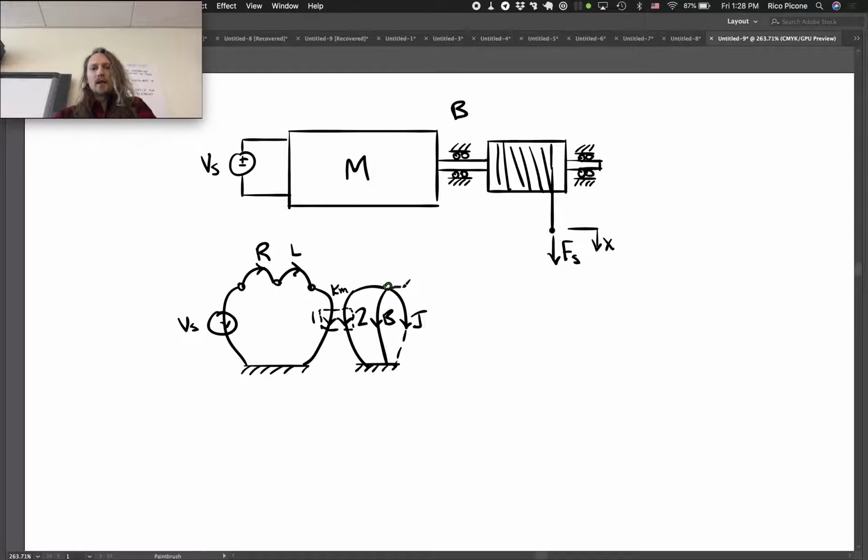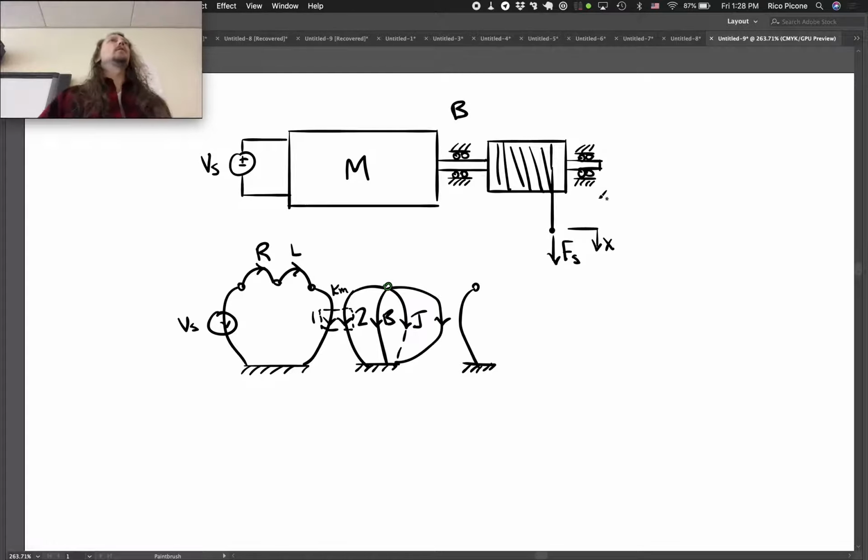And then we have our interaction of the spool with the translational mechanical side. So the rotation to the translation, that interaction can be modeled here. We'll assume that this wire is inextensible.